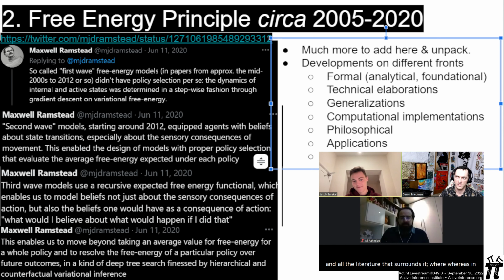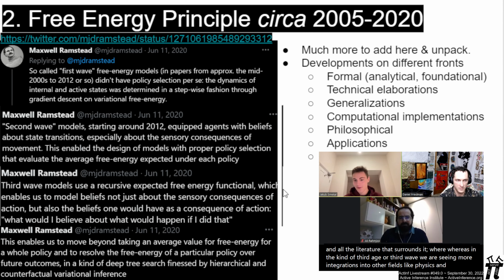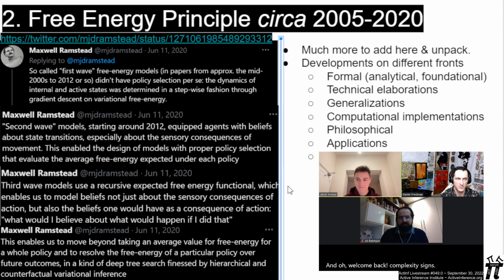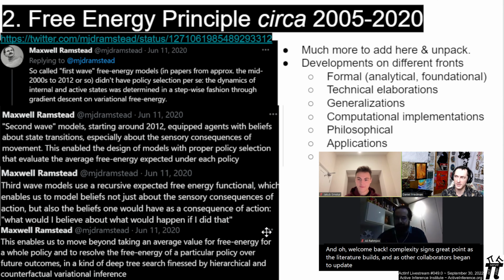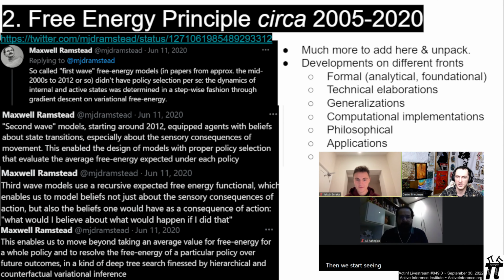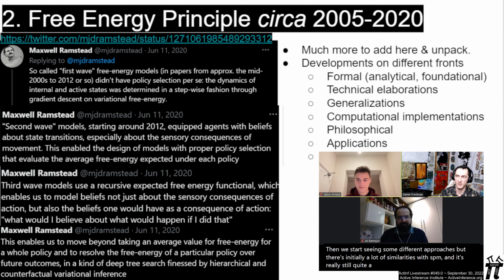Whereas in the kind of third age or third wave, we are seeing more integrations into other fields like physics and overall complexity science. Great point. As the literature builds and as other collaborators began to upskill and contribute, then we start seeing some different approaches. But there's initially a lot of similarities with SPM, and it's really still quite a useful framework to use, of course, but also point back towards.